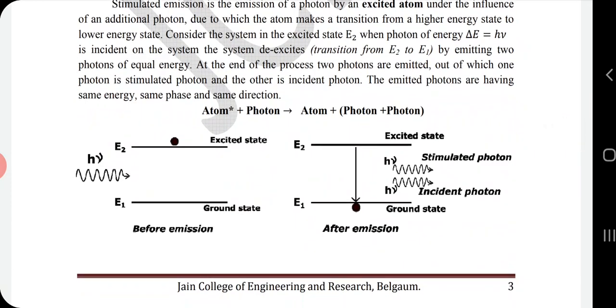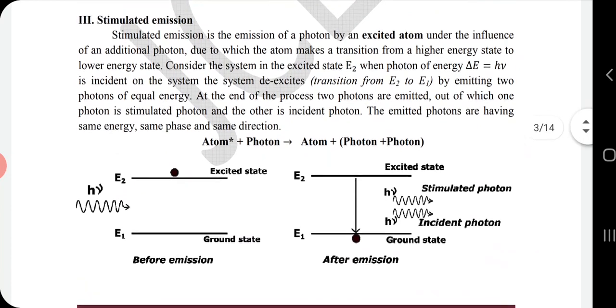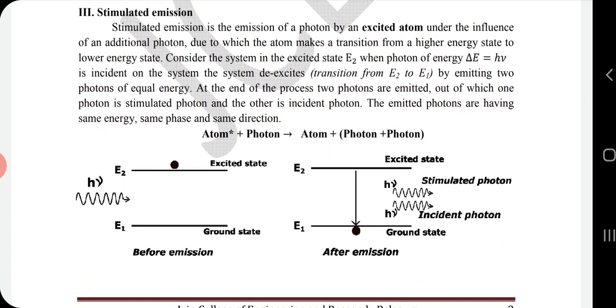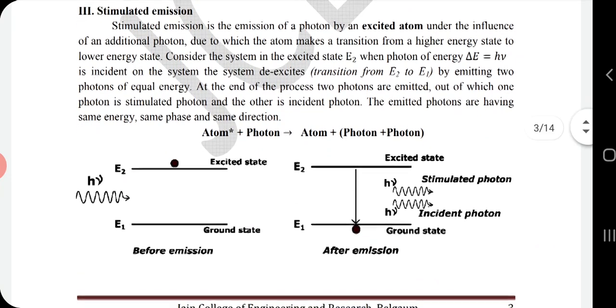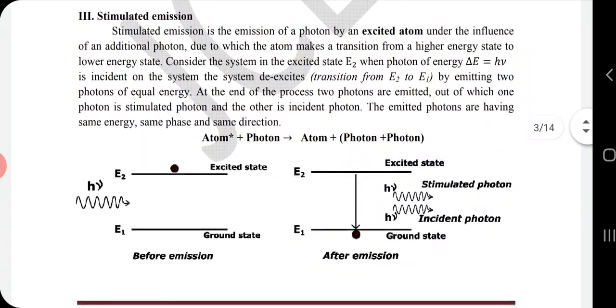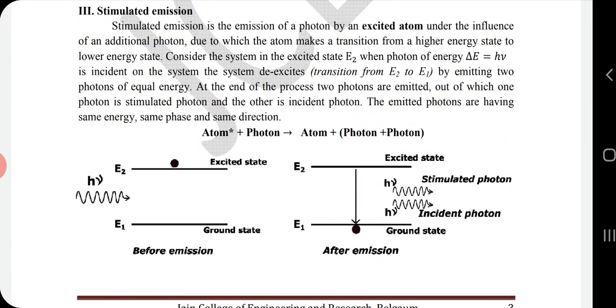That's why the name itself says it is stimulated. We are adding the extra h nu to stimulate the process and make the atom come to the ground state. When it comes back to the ground state, we will have two h nu, that means two photons: one is the stimulated photon and the other is the incident photon.